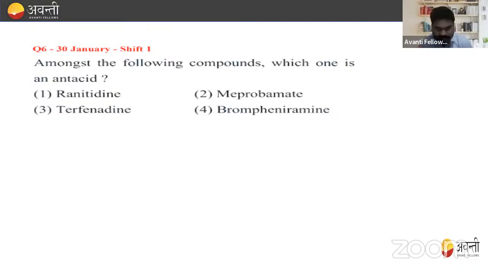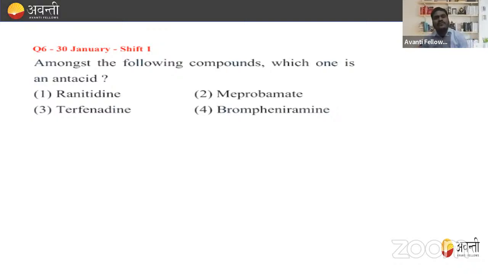Antacids are substances used to control the acidic nature, or neutralize the HCl in our stomach, right? So antacid is the medicine used for controlling acidity.